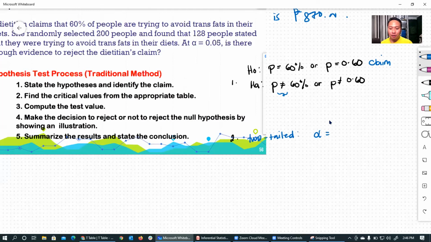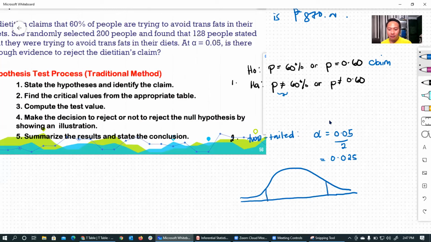Your alpha is 0.05. Dividing it by 2, you would have 0.025, if I'm not mistaken. So this means that the shaded region or the rejection area has an area of 0.025. And that's the same thing here, 0.025.